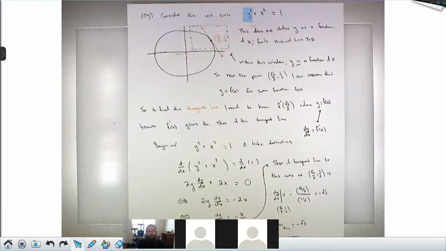Every time you differentiate a y piece, you just remember to multiply by dy dx. Then you take what you get from that procedure, solve for dy dx. Sometimes we don't even do that. You just plug into this. But you plug in and get your dy dx out, that will be your slope. Not too bad, right?